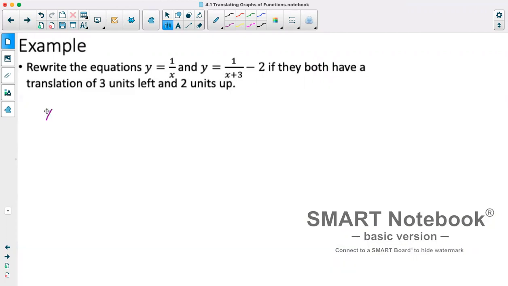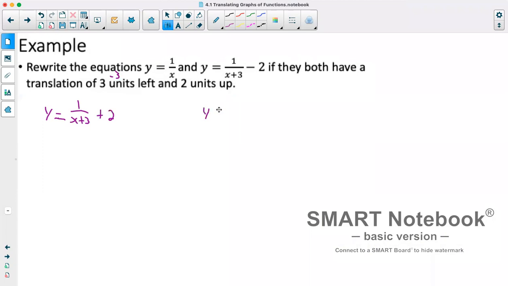For the first one, we just replace our x with x minus h. If we go 3 units left, this is a negative 3, so that would be x minus negative 3, so x plus 3. Because it's 2 units up, we just add 2 to the end of it.